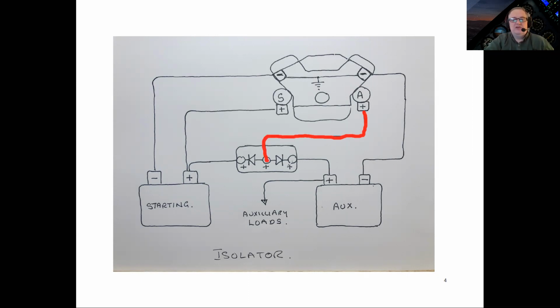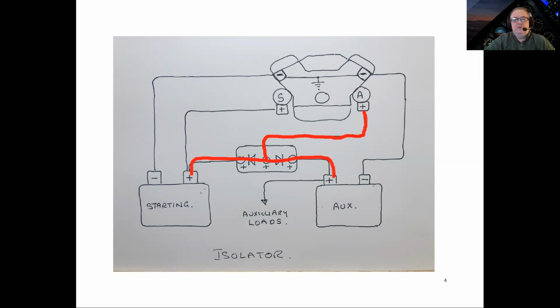Inside the isolator are two diodes connected anode to anode. Now that means that the current will flow through this one, and it will charge this battery. Okay, and it will also flow in this direction and charge this battery. So no problem, as long as your alternator is working, it will charge either battery.